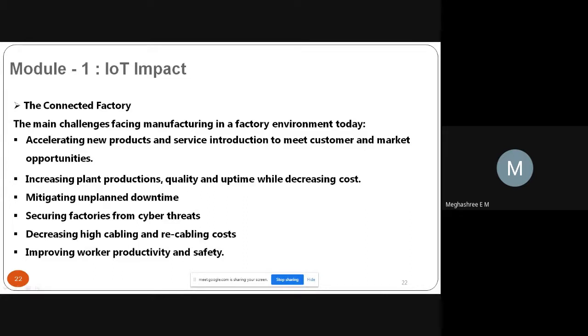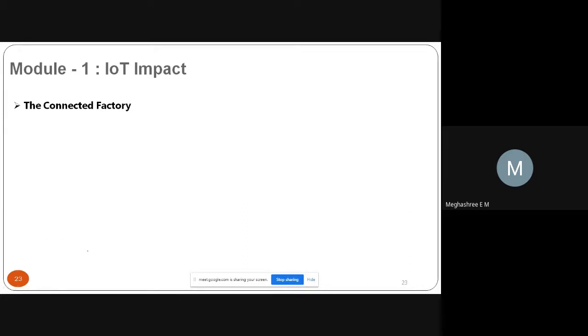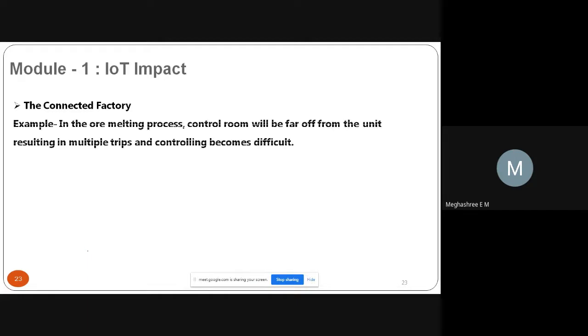Now, it can be solved by using a connected factory. Let's consider this example of an ore melting process. There is a factory where the ore has to be melted to manufacture a product. Now, the control system will not be near this ore melting process factory.